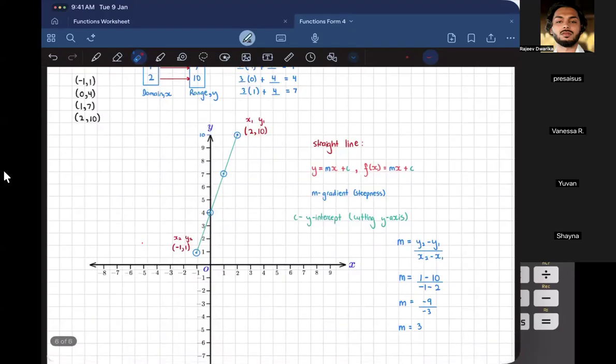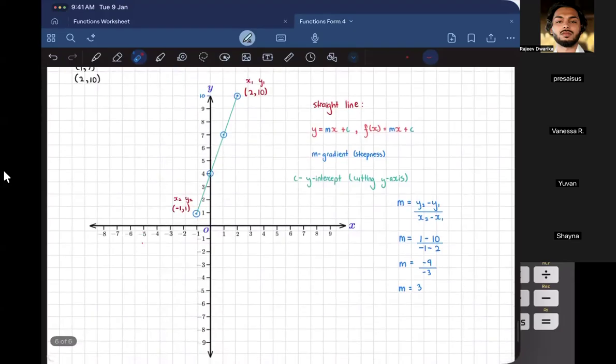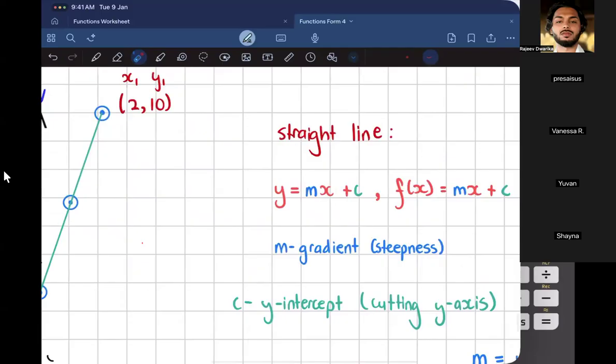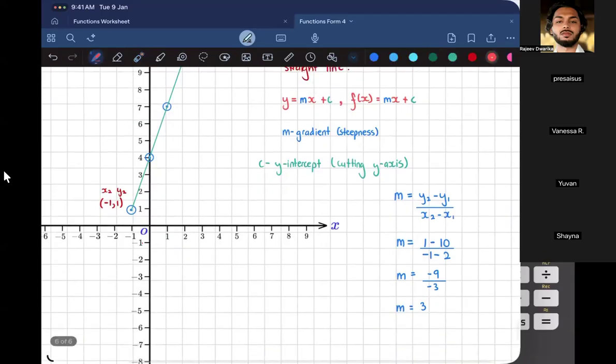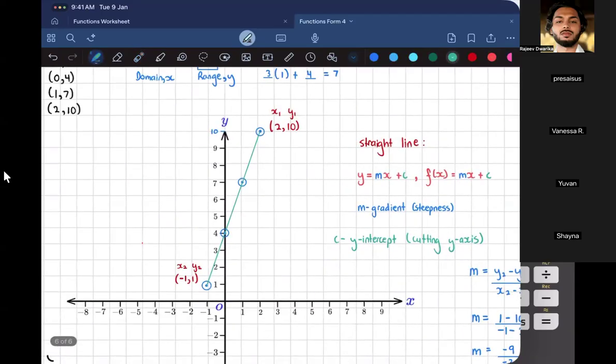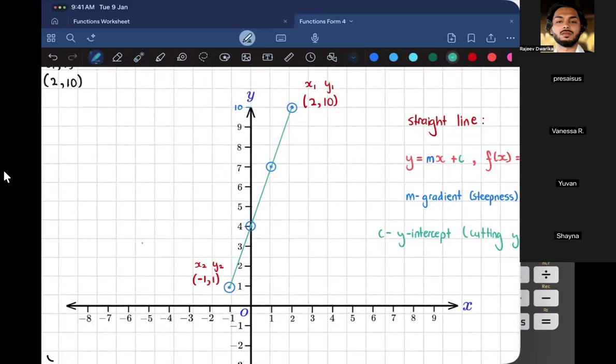And so here, the equation of a straight line is y is equal to mx plus c. So Yvonne, we just now found m. M is equal to 3. Now c is the y-intercept. That's where the line cuts the y-axis. Now, just by looking at the graph here, where does the line cut the y-axis?